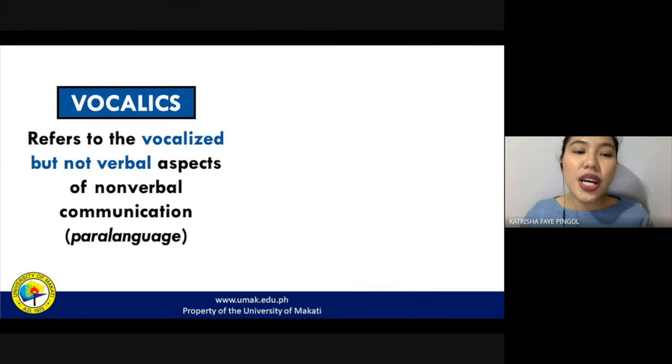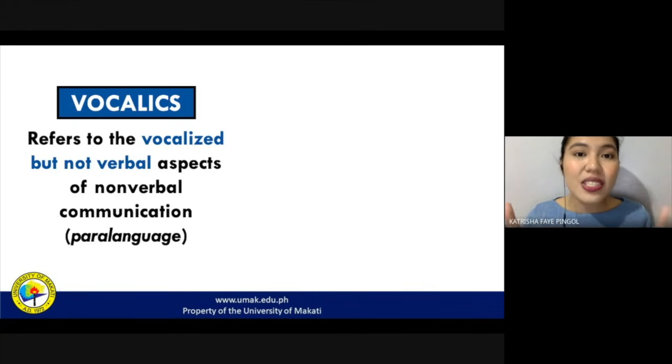Even if we do not use our voice or say out loud sentences, phrases, or words, there are certain vocal aspects of communication that we use and that are considered forms of non-verbal communication. These are what we refer to as paralanguage, and this particular study is what we refer to as vocalics.